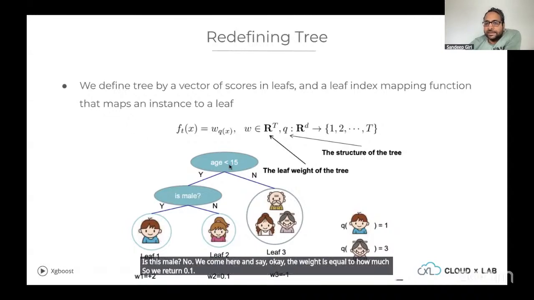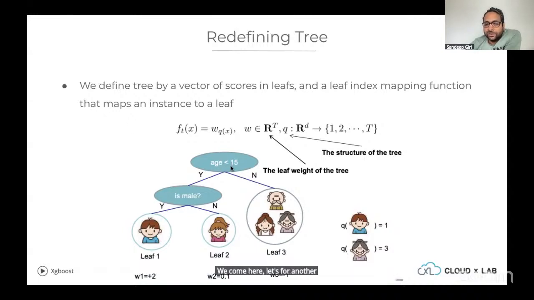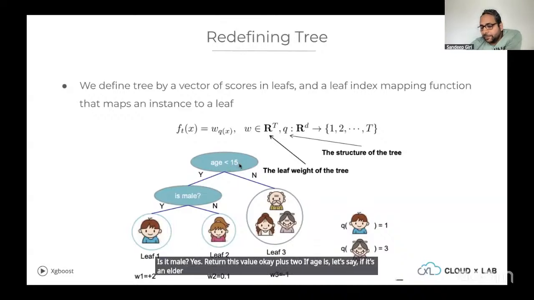For another instance, let's say for a small boy, we check, is age less than 15? Yes. Is it male? Yes. We return this value, plus 2. If it's an elder person, age is 50, more than 15, whoever it is, we are returning minus 1. So these are the scores.